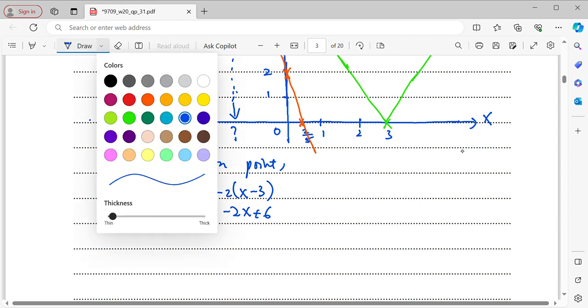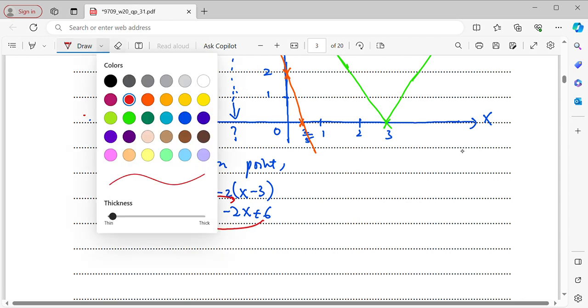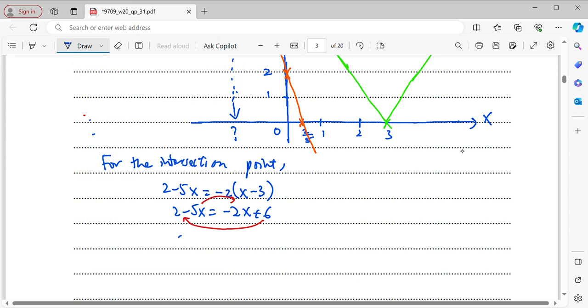Now to get x, this minus 5x will be moved to the right side and the plus 6 will be moved to the left hand side. Then you will get 2 minus 6 equals minus 2x plus 5x, which means minus 4 equals 3x. Hence, I will get x equals negative 4 over 3, which means this question mark is negative 4 over 3.